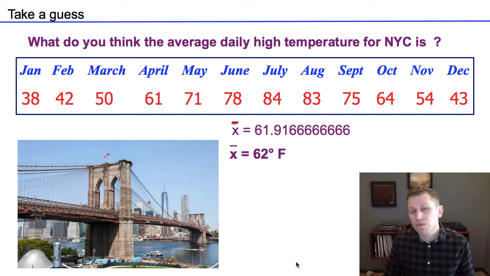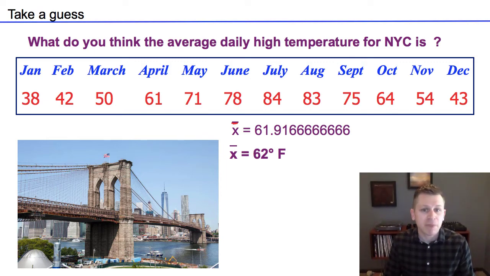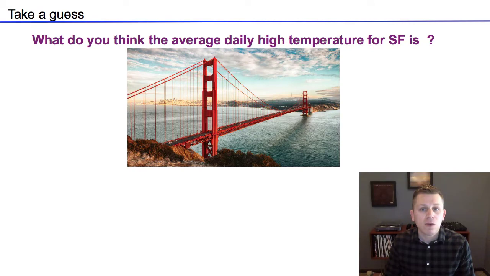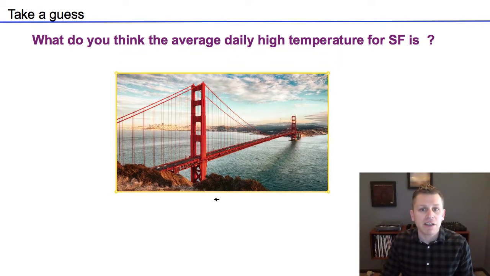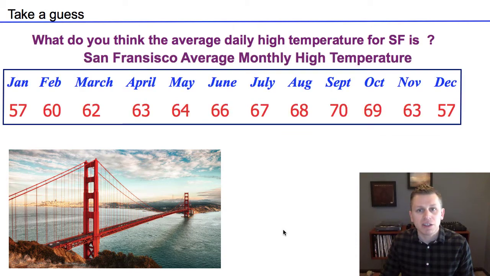Now, of course, I wanted to move to San Francisco because I thought it was going to be warmer. So I wanted to figure out the average high temperature in San Francisco. I had to figure out the monthly high temperature for San Francisco. So I got this, and I wanted to compute the average monthly high temperature for San Francisco.